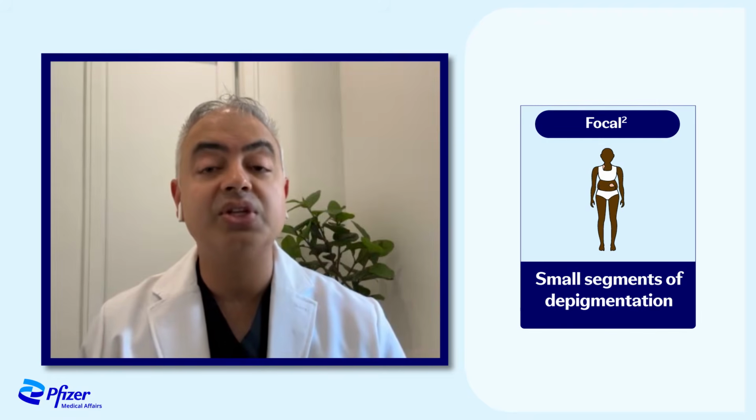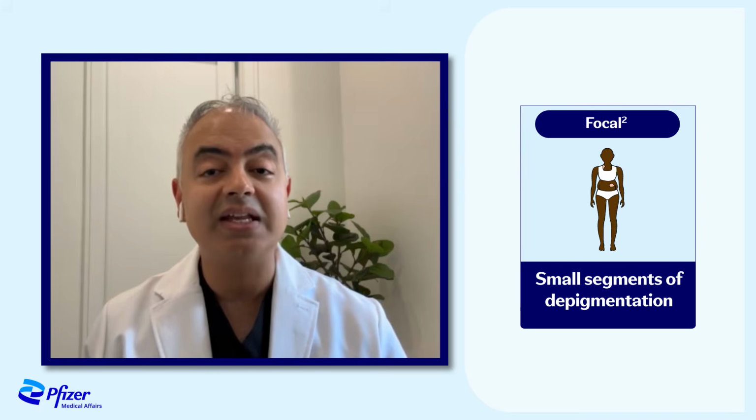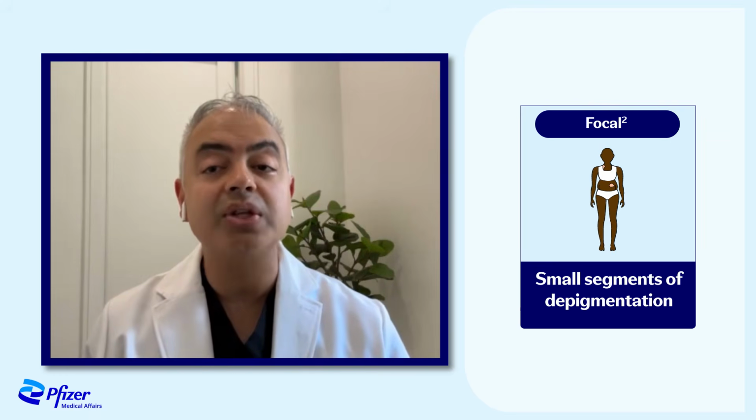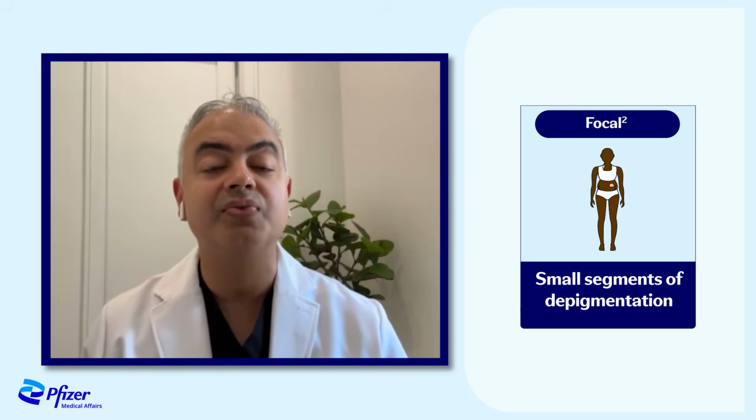Focal vitiligo is an additional type of the disease characterized by small, isolated, depigmented segments without a distinct distribution pattern that have not changed after 1 to 2 years and can eventually evolve into non-segmental vitiligo or even segmental disease.